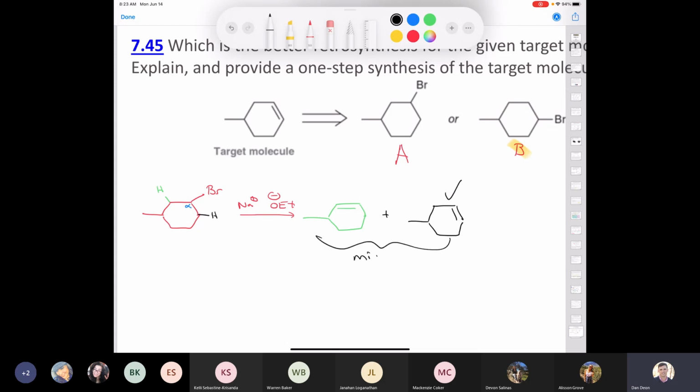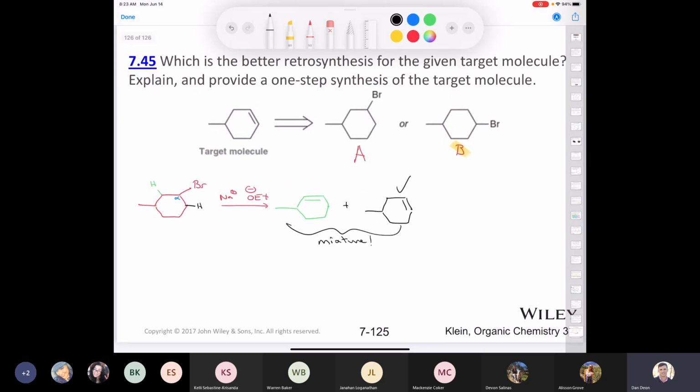Whereas if you started with B instead, so I wrote out B in blue, B for blue. I had that all planned from the get-go. There's a plane of symmetry in B, running down the molecule like this. So there's only one type of beta proton. It's only this type here, and the same thing here.